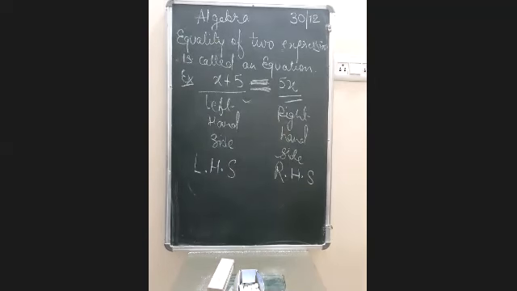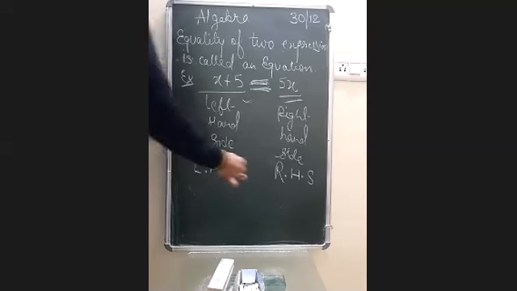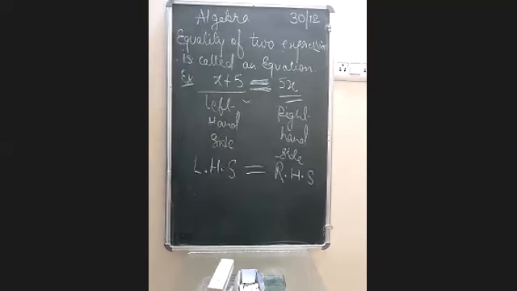So in a shorter form, we write left hand side as LHS and right hand side as RHS. And remember, in any equation, the left hand side is always equal to the right hand side.